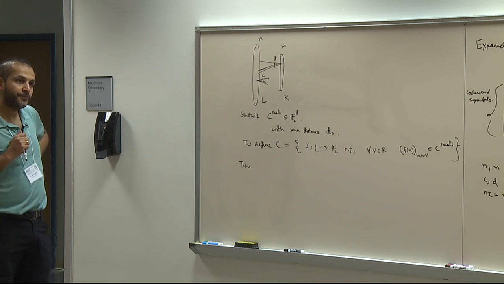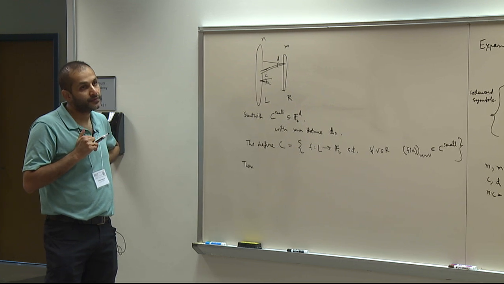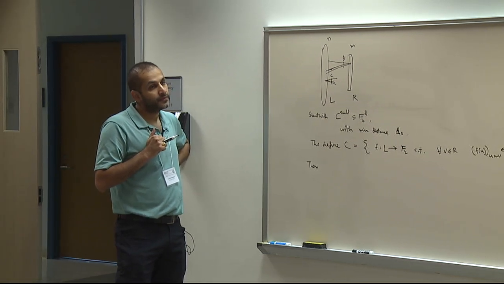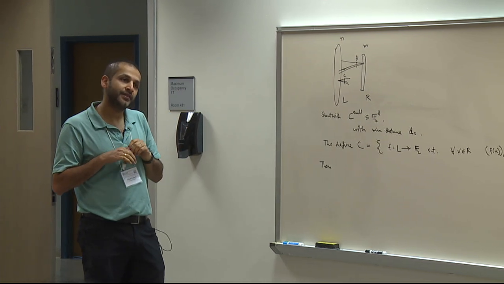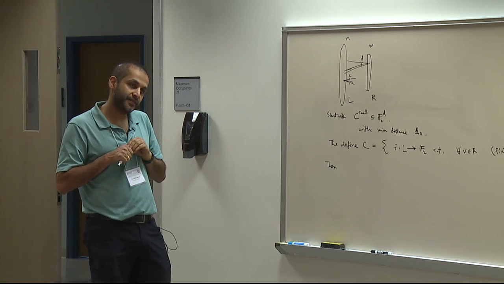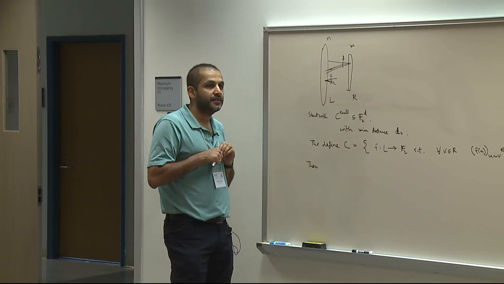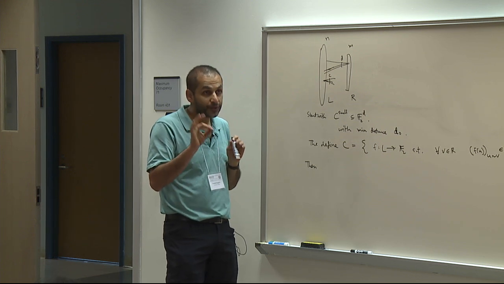Can you get anything if instead of asking for every set of size delta n to expand, they just guarantee that poly n sets expand? If instead of every set of size less than delta n, I ask for every set of size less than delta poly n, do you get anything? Something like square root n, you mean?